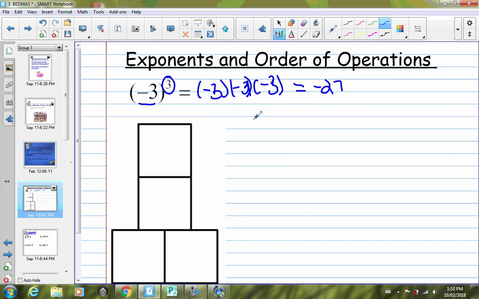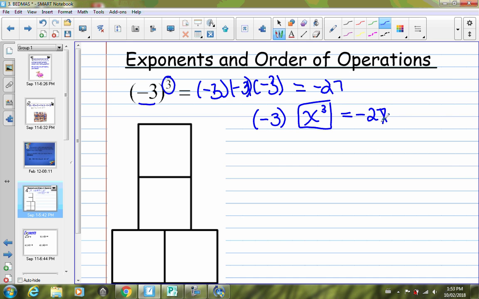Okay, the easiest way to do this is you would hit bracket, negative 3, bracket, and then some of you have this button on your calculator. It's an X with a little 3. If you press bracket, negative 3, bracket, and you hit that X with the exponent 3, that's your X cubed button, it should automatically give you a negative 27.